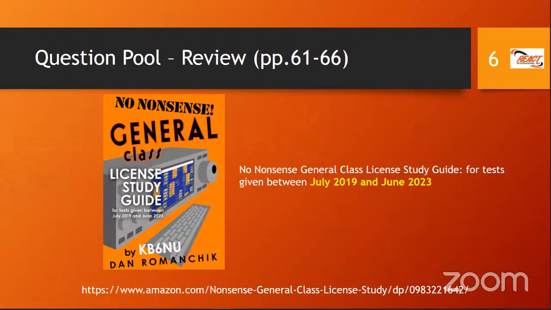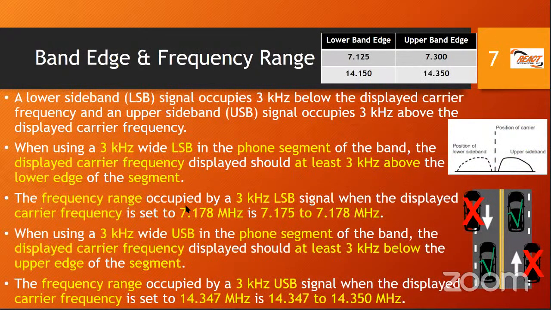Okay, everyone, welcome back. So let's go straight into our theory for today's session. We want to discuss now the concept of band edge and frequency range. We had discussed this already in the technician class, and we also touched on it again during our general class.